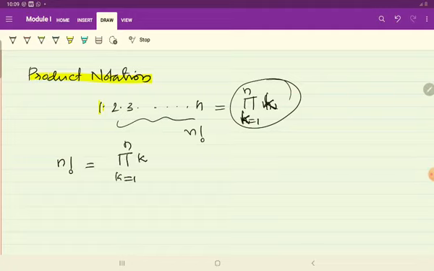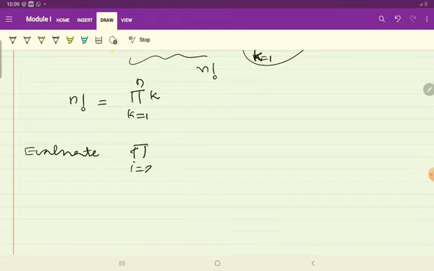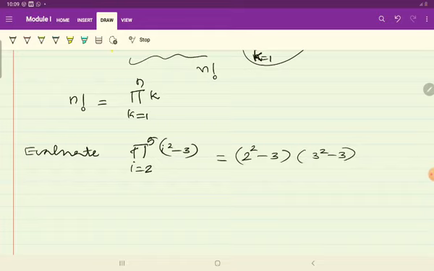Now we can check one problem. Evaluate the product i equal to 2 to 5 of i square minus 3. So this is equal to, for i equal to 2, first of all, we have 2 square minus 3 into 3 square minus 3, then 4 square minus 3, and 5 square minus 3.